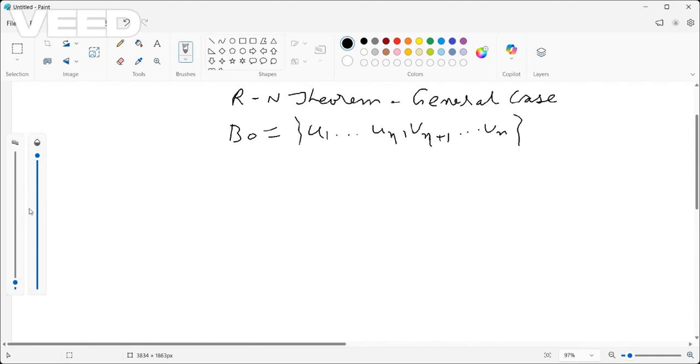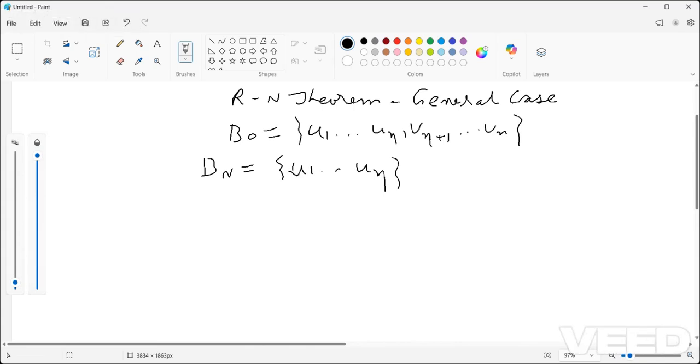So what I do, I first start with a basis for the kernel. Then I take any arbitrary basis for the vector space V. Now I'll try to push u1 to u nu into this basis by pushing out some of the v vectors.